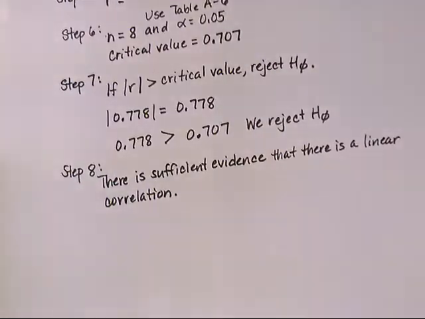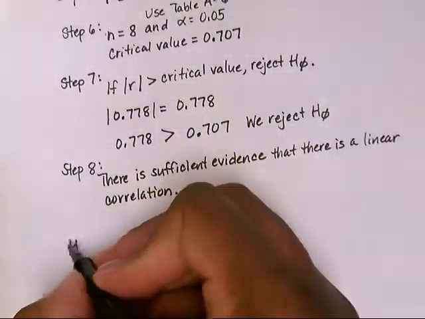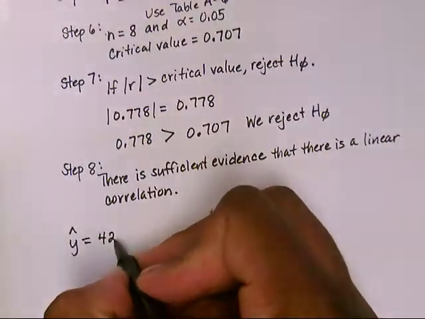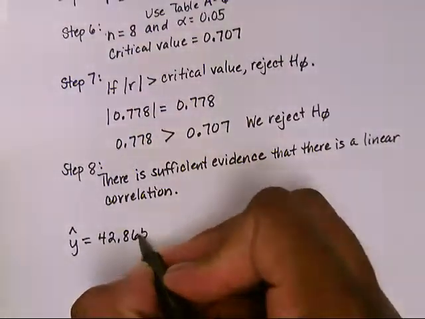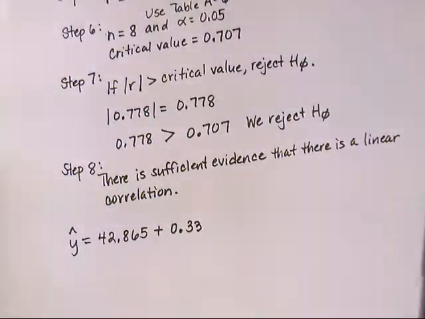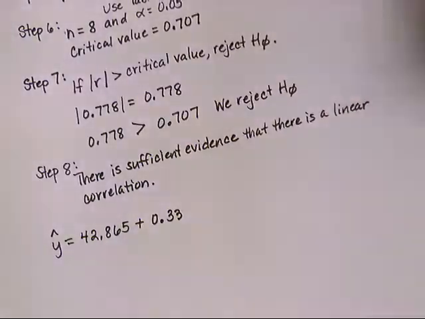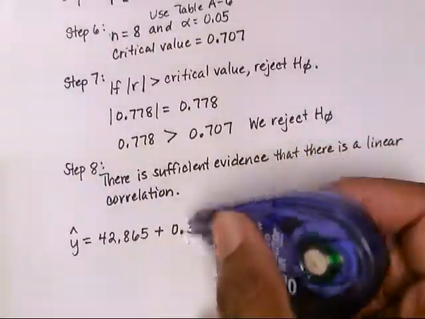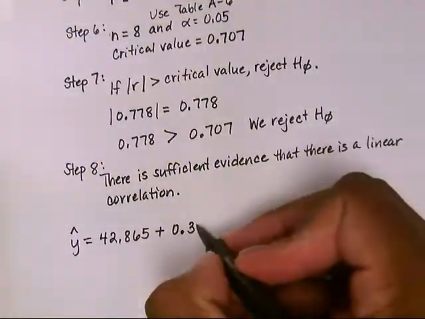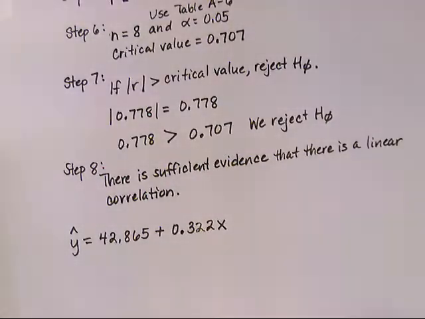So what we can do there is to substitute our value into that regression equation. So I'm going to rewrite the equation, y hat is equal to 42.865 plus 0.322x.